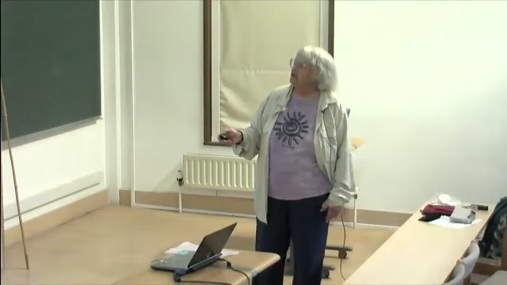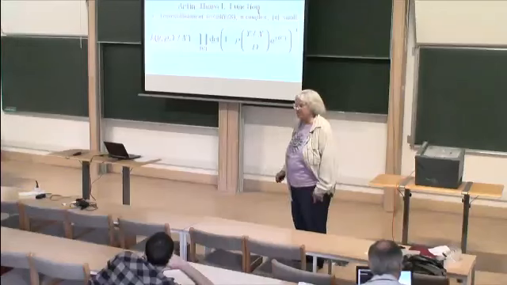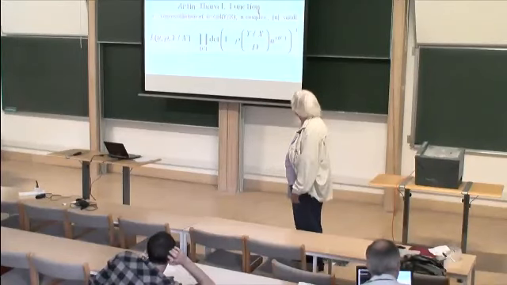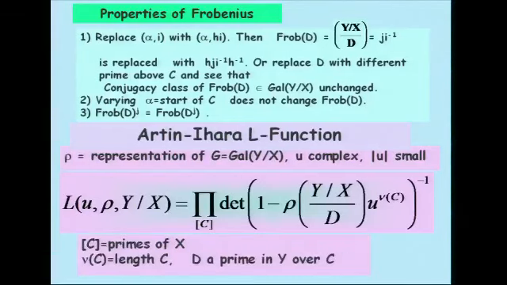So you can define the Artin L function exactly the same way you do in number theory, except that it's easier because we don't have any ramification. So I'm just taking the product over primes of the base graph X. I take a representation of the Galois group, a complex number u, which has to be small to converge.